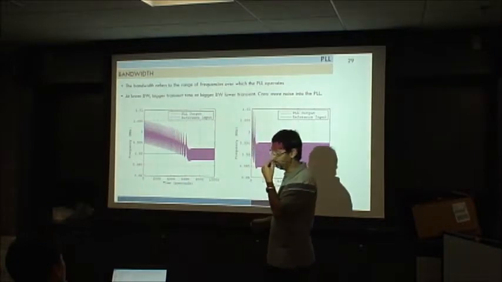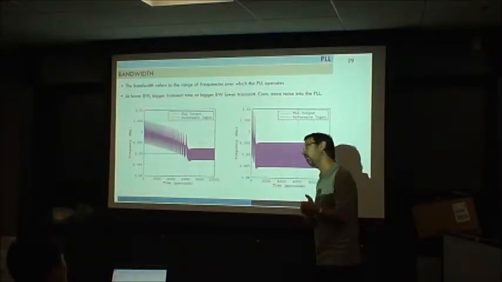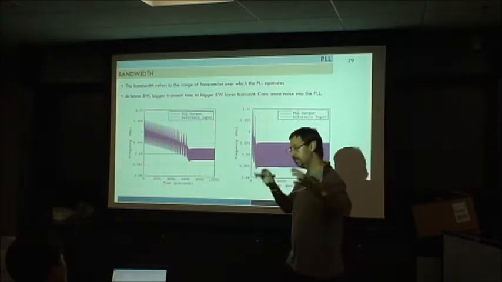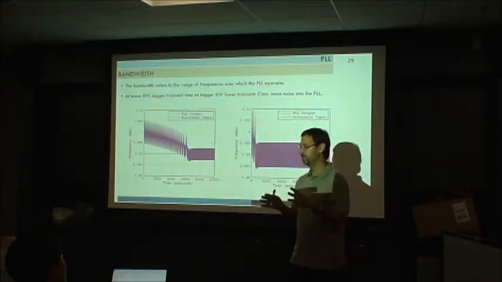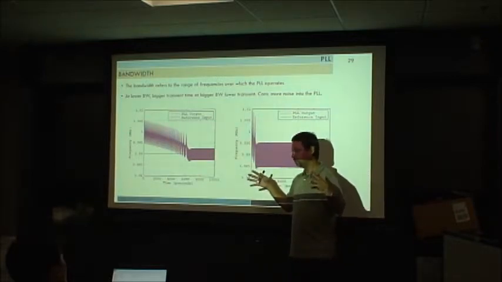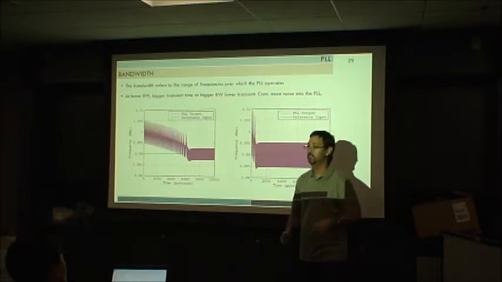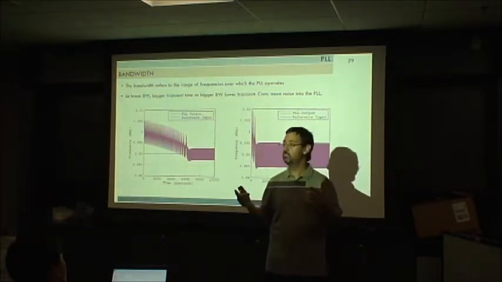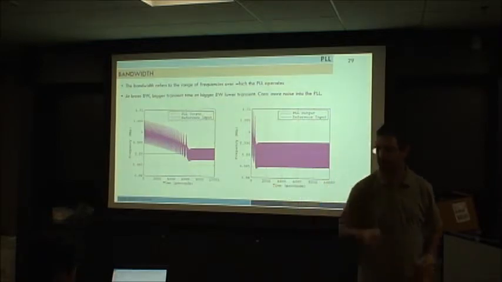But you say, okay, let's make all PLLs high bandwidth. The problem is that if you increase your bandwidth, you will also increase your noise, and you will have problems because more noise is going to your PLL.